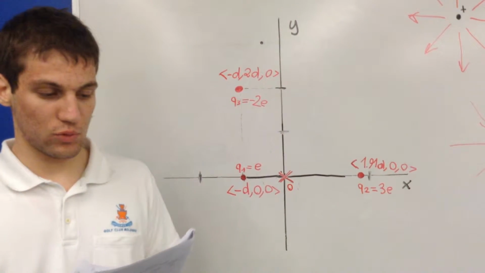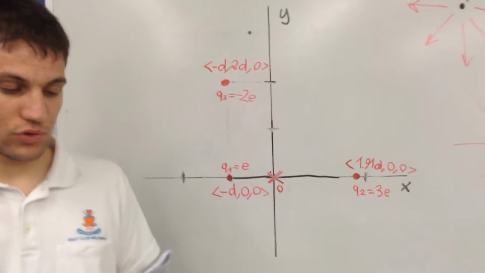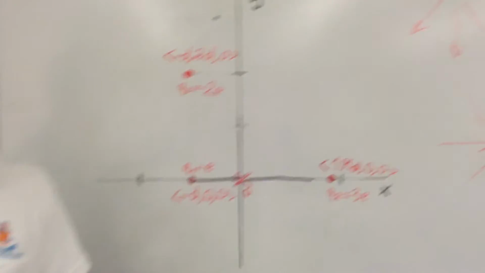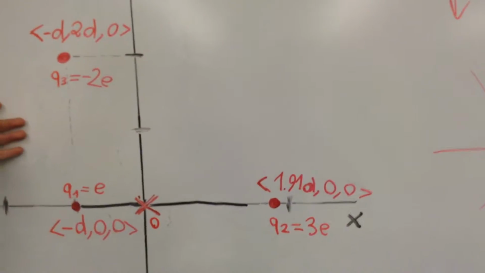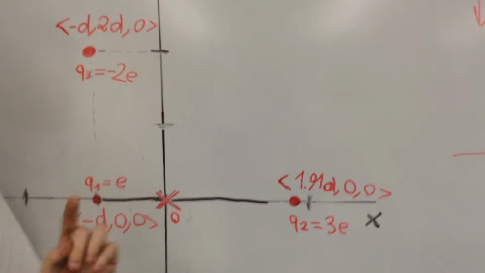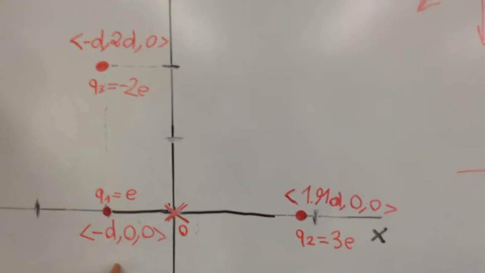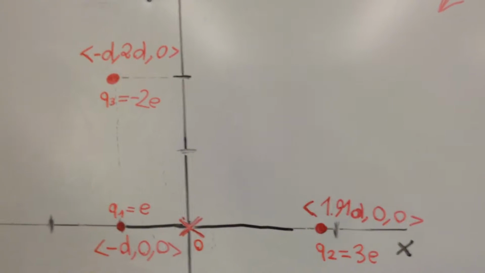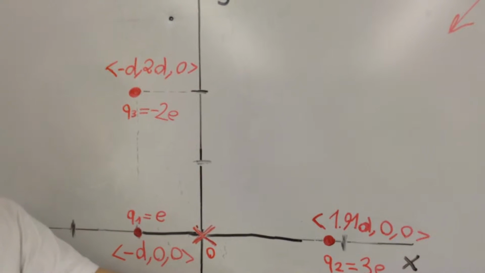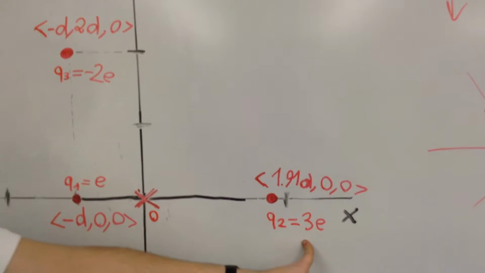The problem says three particles are located on the xy plane as indicated in the diagram. The first particle, Q1, is equal to E and is located at minus D, 0, 0. The second particle, Q2, is equal to 3E.